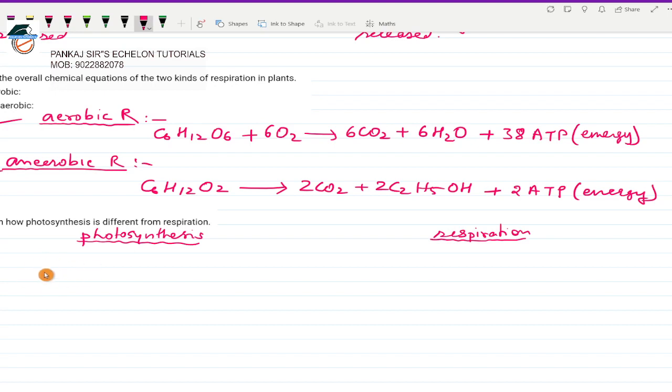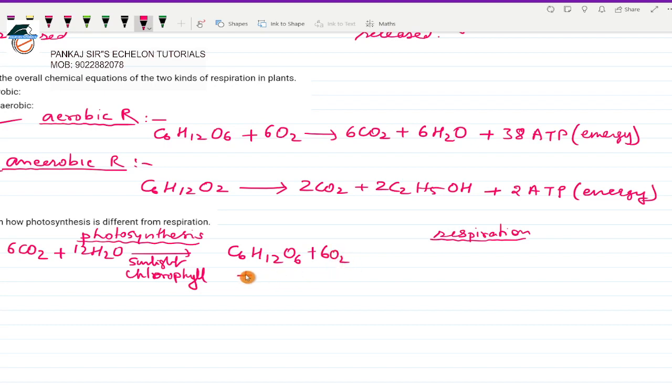So what is the chemical reaction of photosynthesis? 6 molecules of carbon dioxide will combine with 12 molecules of water in the presence of sunlight and chlorophyll, and this is going to give you C6H12O6, which is nothing but glucose, plus 6 molecules of oxygen, plus 6 molecules of water. So this is the chemical reaction for photosynthesis.